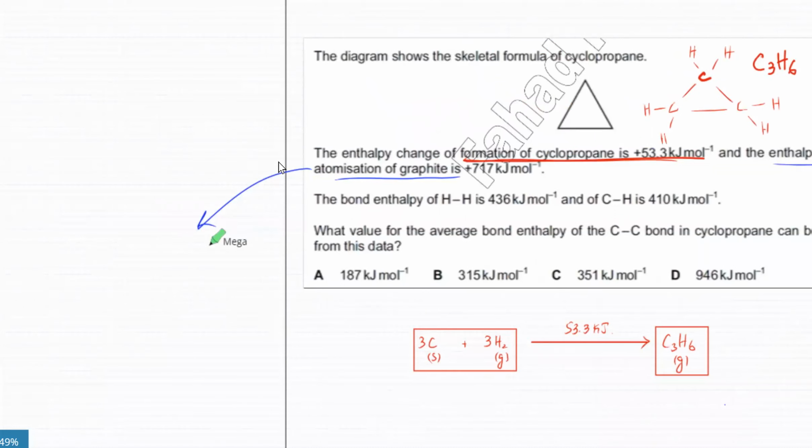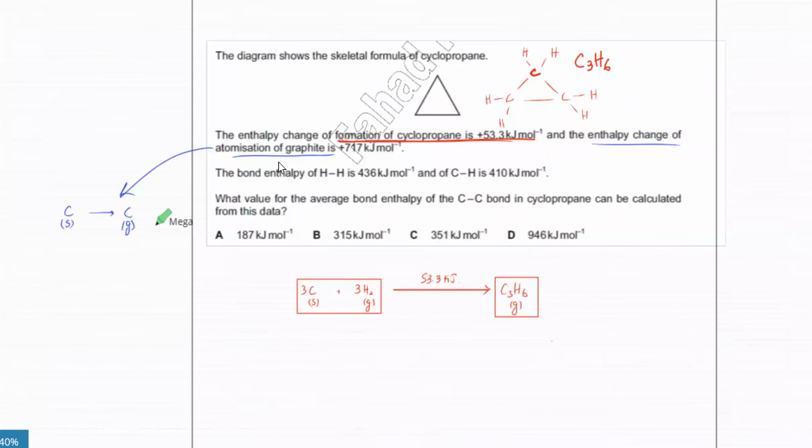Atomization is when you form 1 mole of gaseous carbon atoms from its element, and the element is graphite, which is solid. So that is the enthalpy change of atomization of graphite, that you make 1 mole of gaseous carbon atoms. And he's given us the value, it's 717 kilojoules per mole. So that value is given to us.